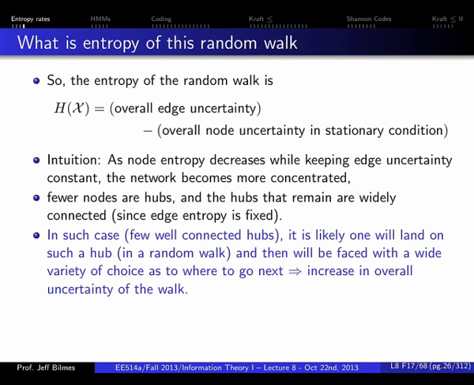So the second bullet point is basically saying that. In such a case, we've got a very small number of well-connected hubs, and also it's more likely we're going to land on those hubs in a random walk, and so we're going to be faced with a wide variety of choice.